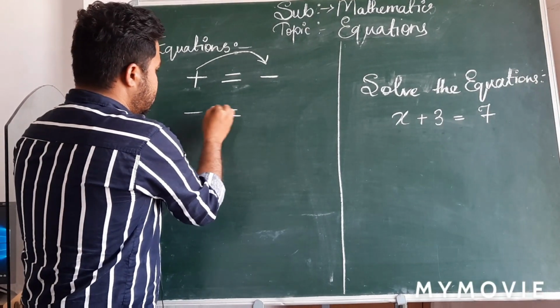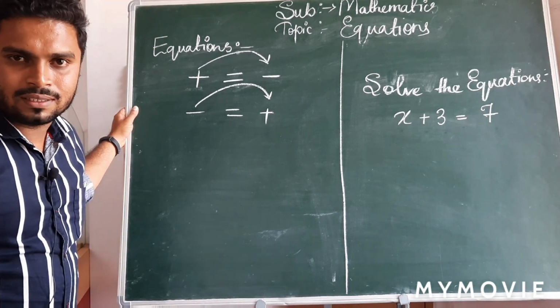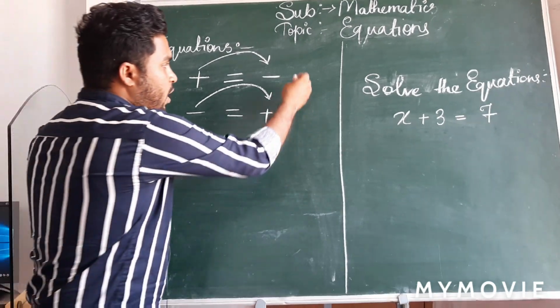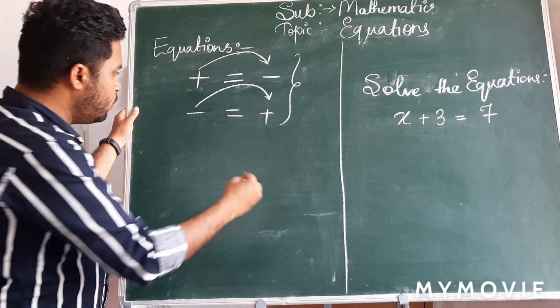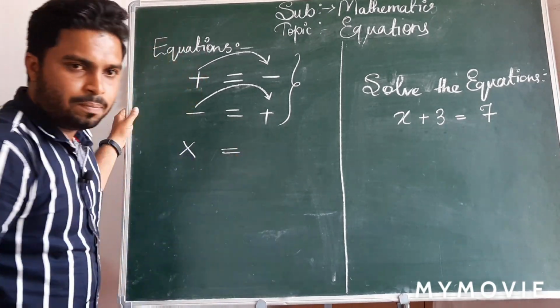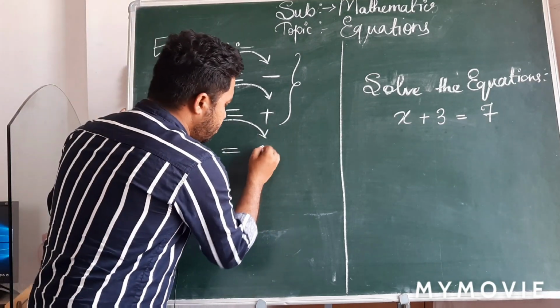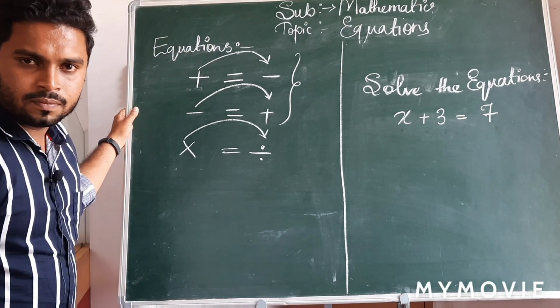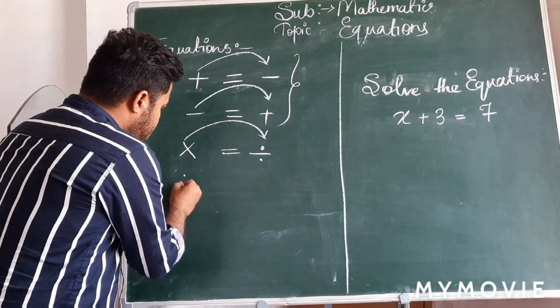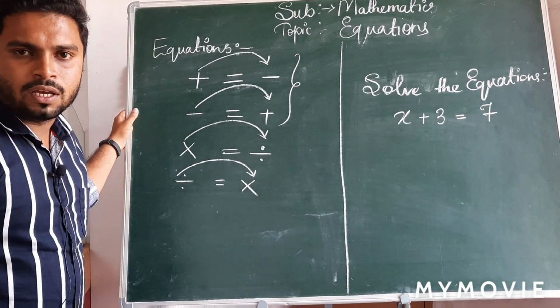When minus comes to this side, it becomes plus. In the same way, if you take multiplication to this side, it becomes division. The same way, if division comes to this side, it becomes multiplication.